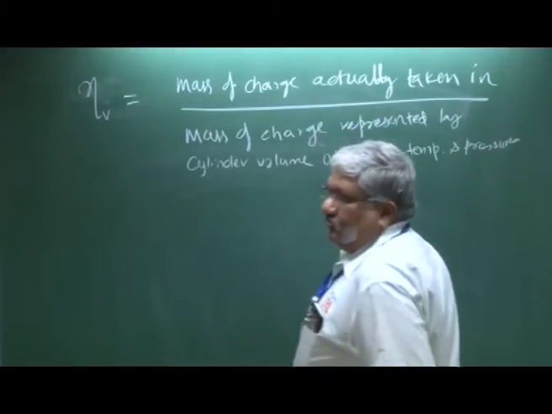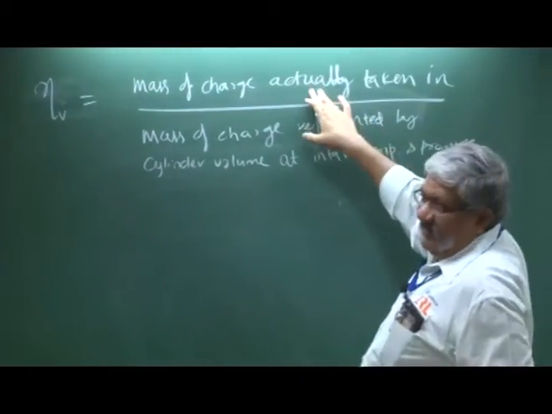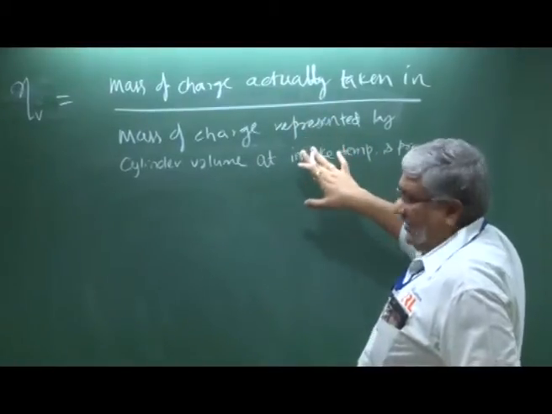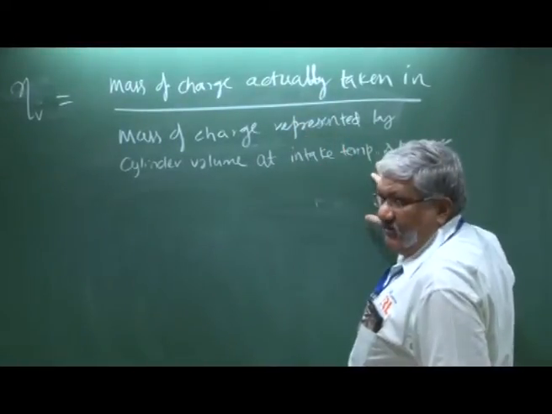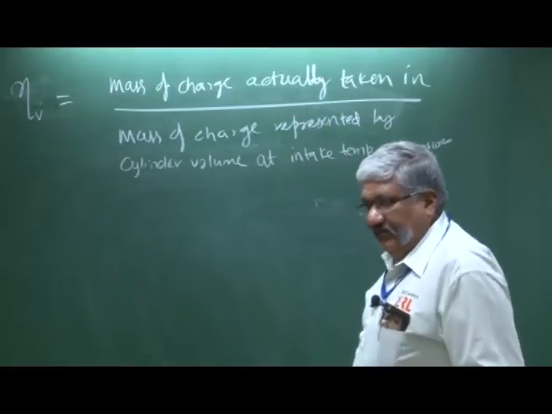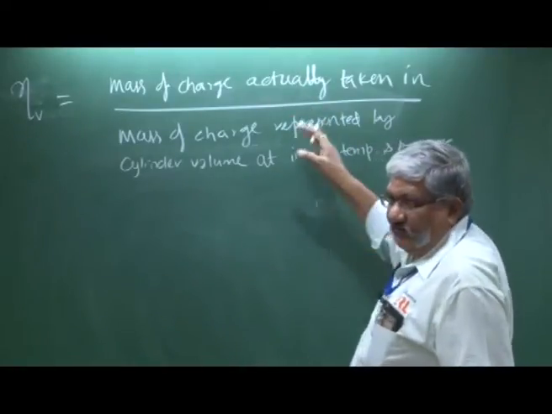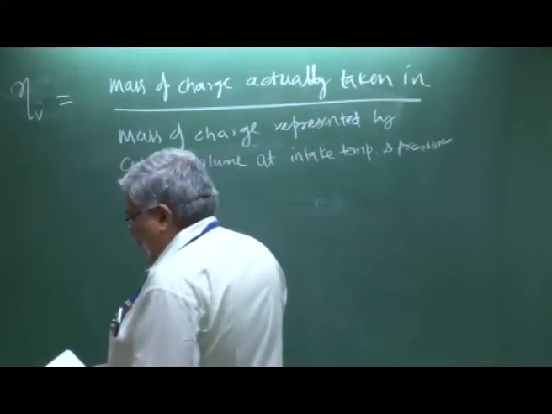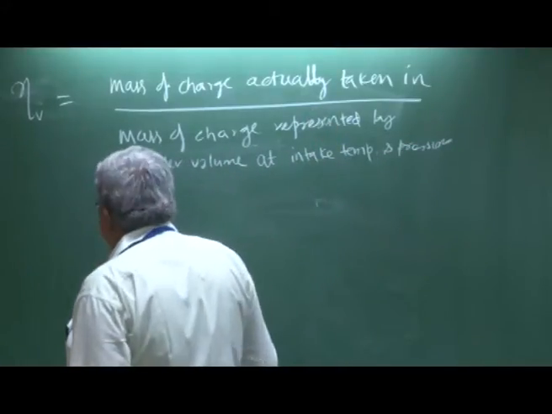So, either you actually figure out the mass taken in divided by the mass taken in at intake temperature and pressure, or you convert both into standard temperature and pressure, and the number will remain the same because the coefficients cancel each other.